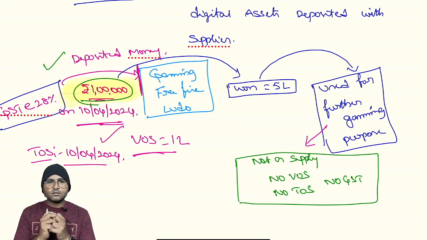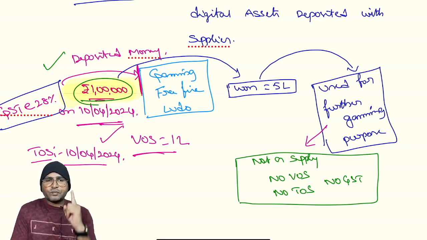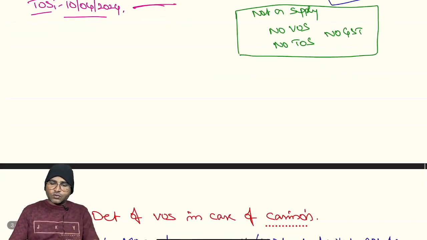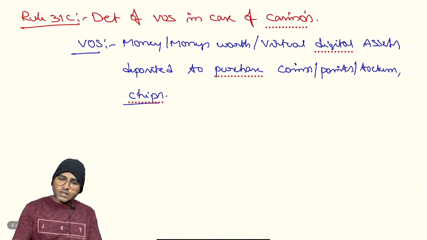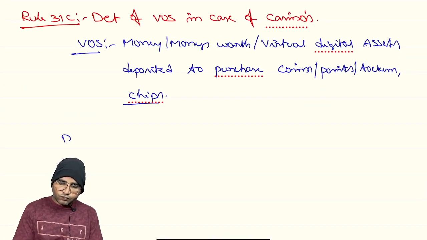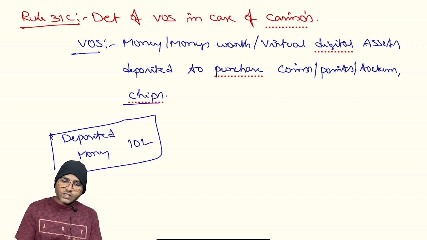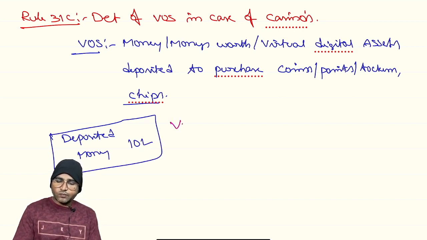What will happen? If you are purchasing fresh chips or fresh coupons, that will become supply. But the chips has been increased. Suppose deposited money 10 lakhs. How much deposited? 10 lakhs. Value of supply will be 10 lakhs.